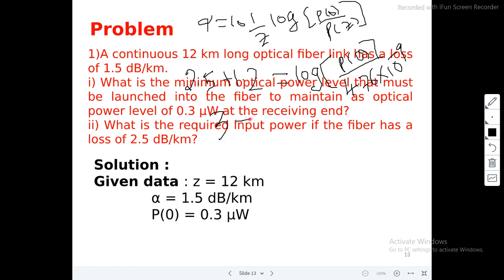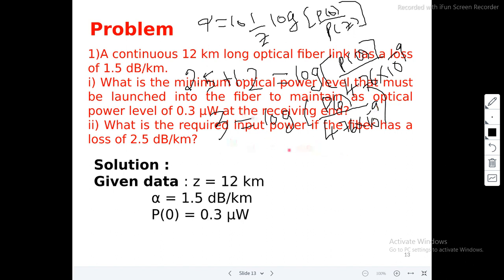So 3 is equal to logarithmic of P of 0 by, that is nothing but the input power by output power, which is 4.76 into 10 to the power of minus 9. Okay, 10 to the power of minus 9.